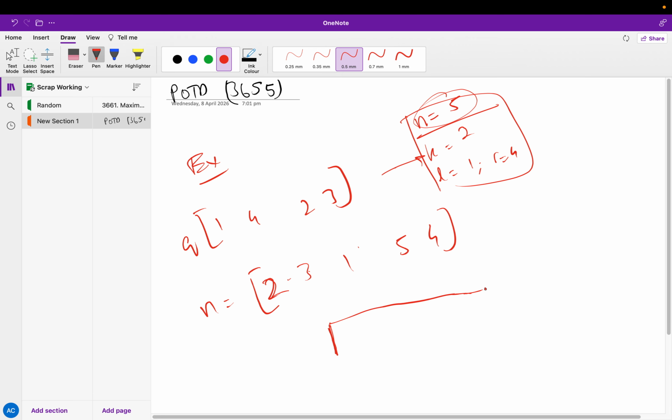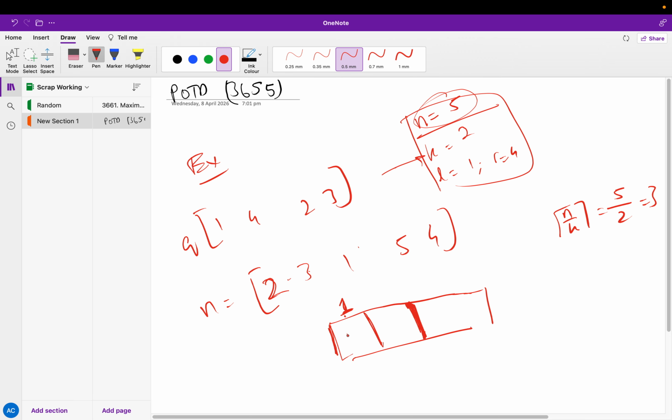Let's make an array of size n over k, ceiling. So this is my little bucket. N is 5, k is 2, so we get 3. And we know that the start of this bucket refers to index 1.